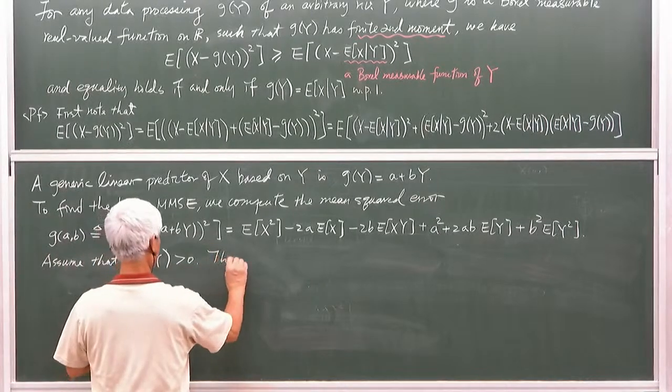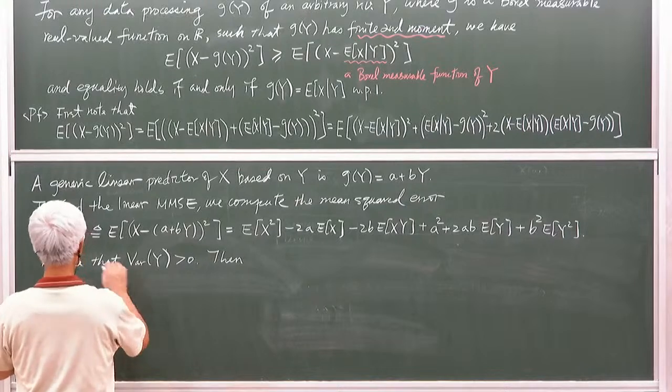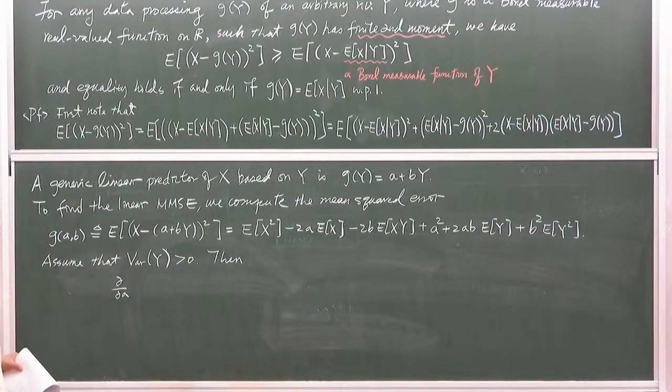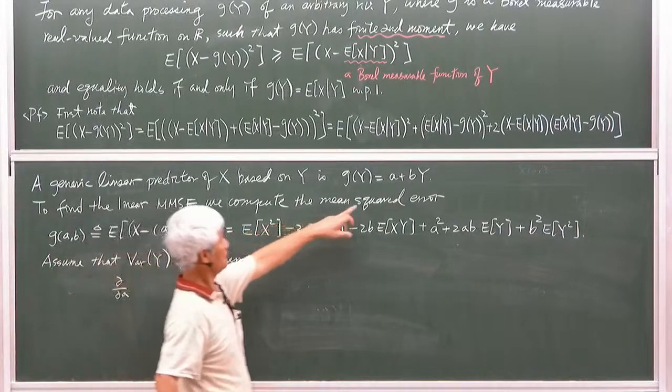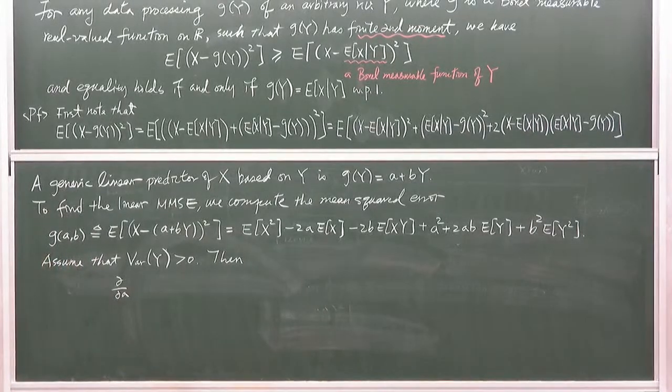Then we study this mean square error. It's a function of the parameters a and b. Our job is to find the parameters which achieve the minimum mean square error under all possible linear predictors.